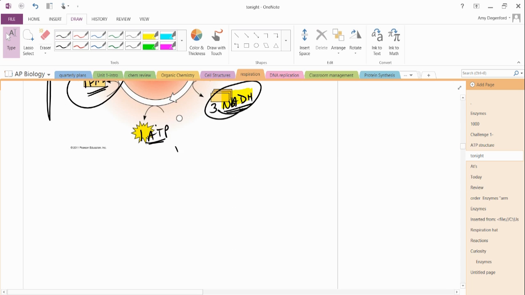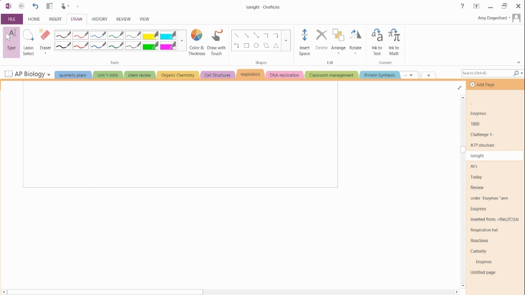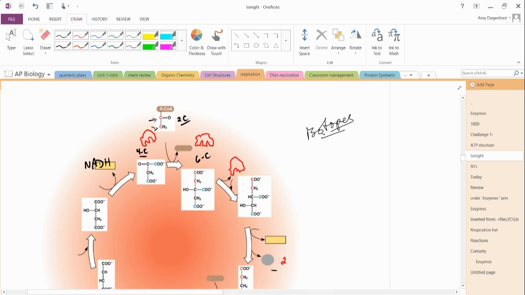So let's real quickly go over the little details that happen. And again, we don't need to know these in detail, but it is kind of neat so it doesn't become so abstract to you. Because just saying things like, oh, we got 3 NADH, well, where in the world is that coming from? So let's do this in a little bit more detail. We start with that 2-carbon acetyl group, and that's going to join to citric acid.